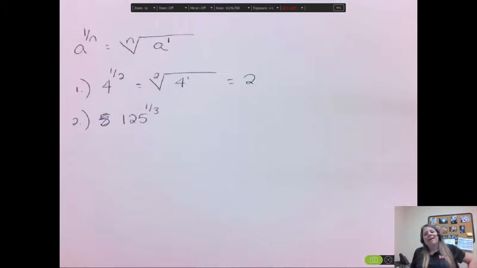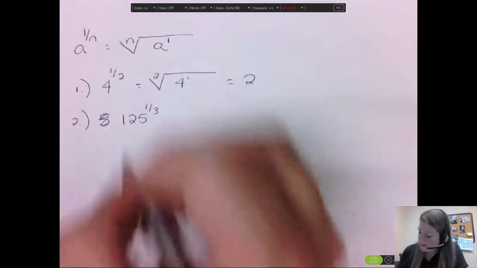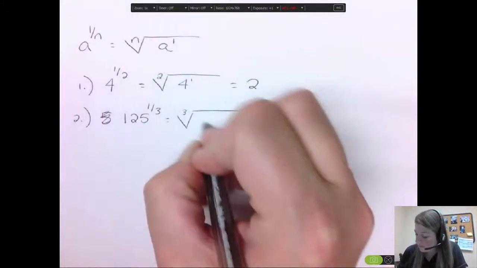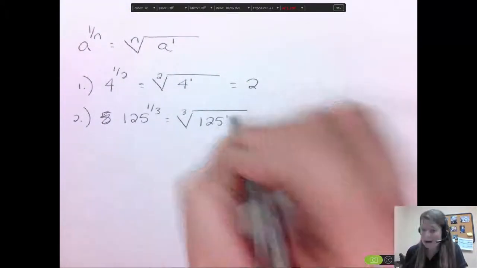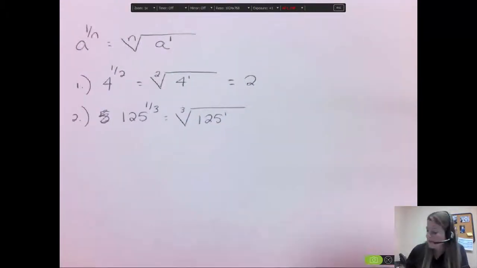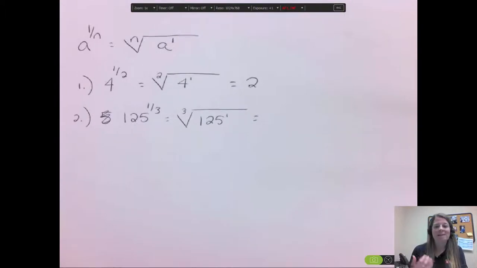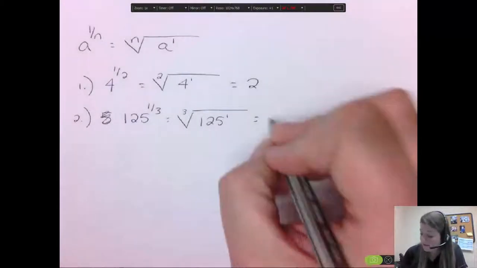If I have a third, that's like saying you have a third root of 125 to the first power, or just 125. So what's the third root of 125? Well, what times itself 3 times gives you 125? That's going to be 5.